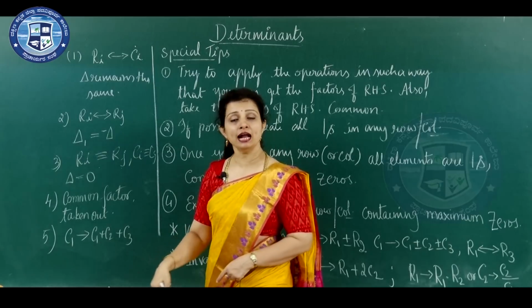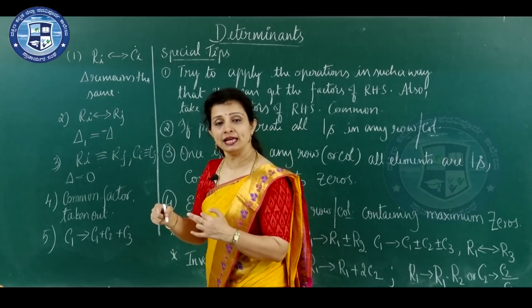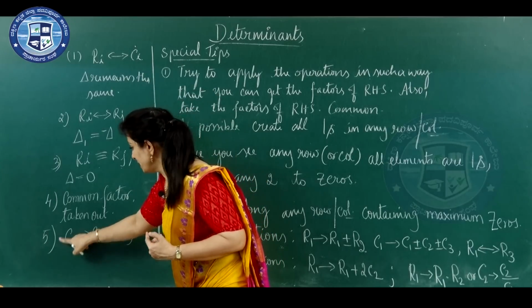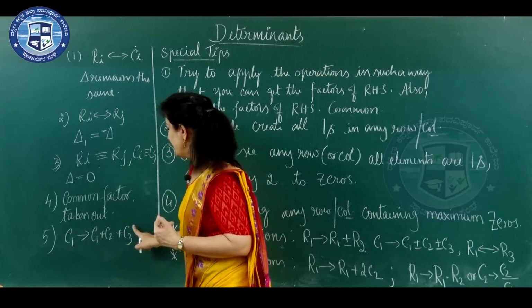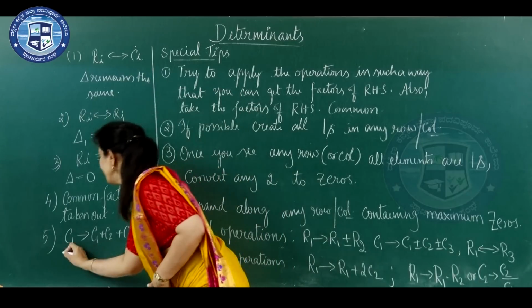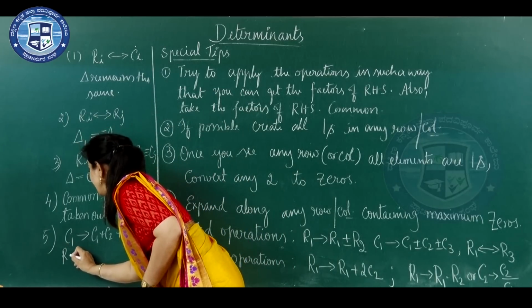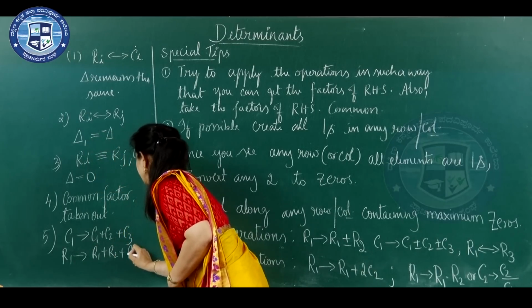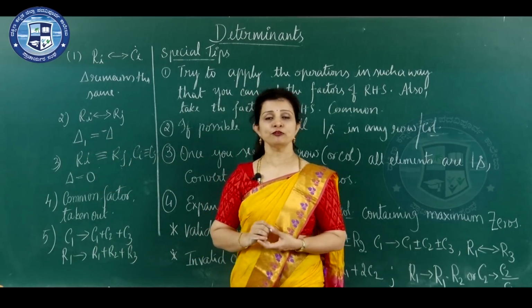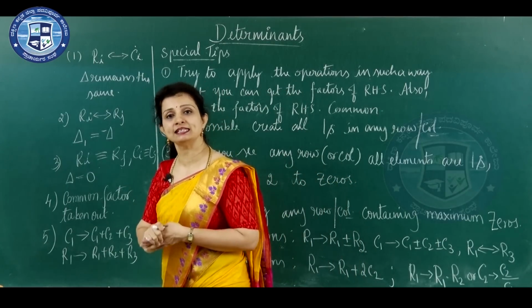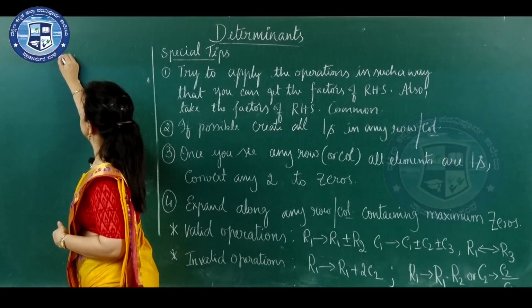It is possible to add up the elements of all the columns to get the elements of column 1, and the determinant value remains the same even if you apply this, or R1 changes to R1 plus R2 plus R3. It is possible to apply such operations. Even if you apply these, the value of the determinant delta remains the same.